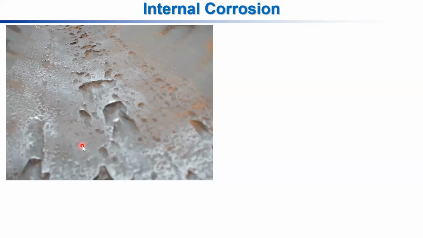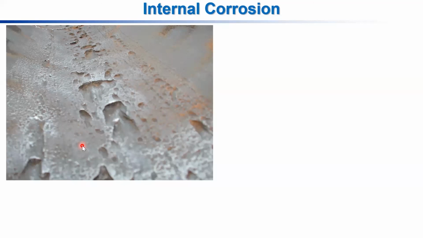Multi-phase flow systems carry gas, oil, water, sand, and anything else your little heart desires. And therefore it becomes a very nice challenge to mitigate corrosion in this type of pipeline.